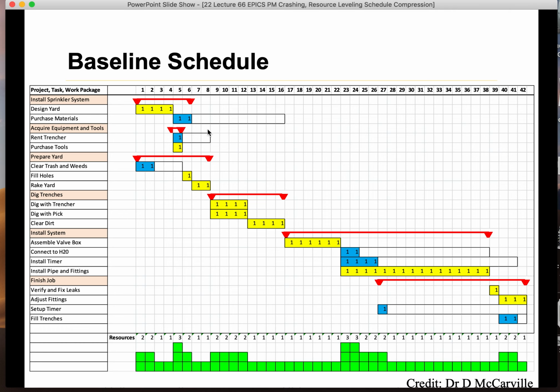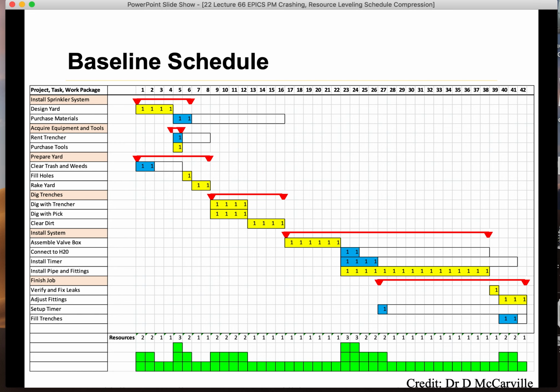Because I have slack time here, for example, in this column I have only one, rake the yard. So if I move renting the trencher to somewhere here or here, it means that there will only be 2 blocks collapsed here, and this one will be 2, which is good because I already have 2 people.